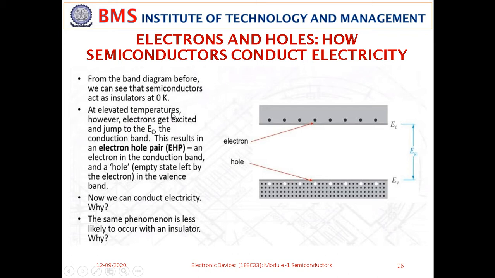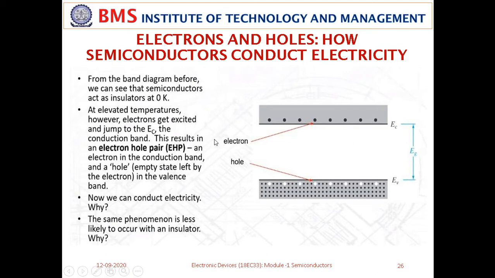At elevated temperatures, electrons get excited. That means electrons acquire thermal energy because of the rise in temperature and jump to the conduction band energy level EC. Electrons present in the valence band get excited and move into the conduction band energy level.